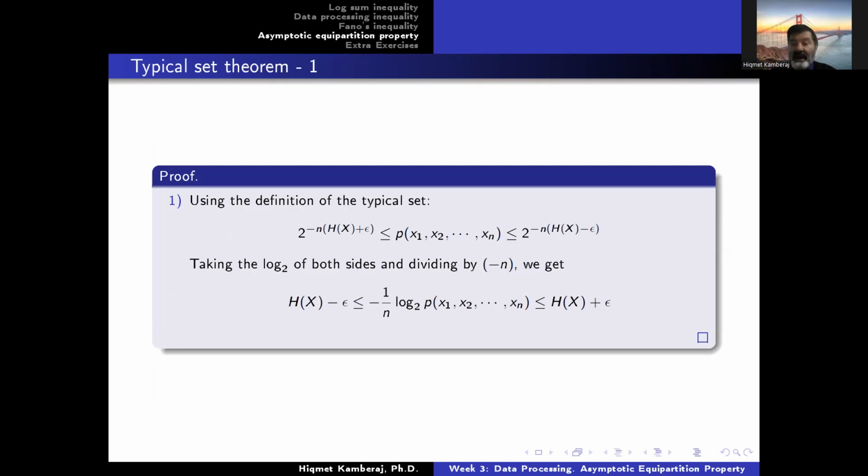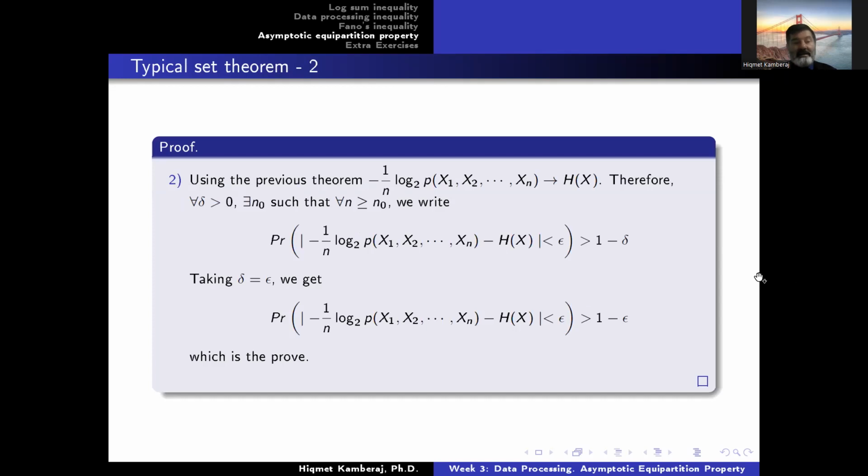Note that when you divide by minus n, the sign of the inequality changes direction. Then we get H of X minus epsilon less than or equal to minus 1 over n log with base 2 of p of x1, x2, xn, less than or equal to H of X plus epsilon. And this is what we wanted to show.